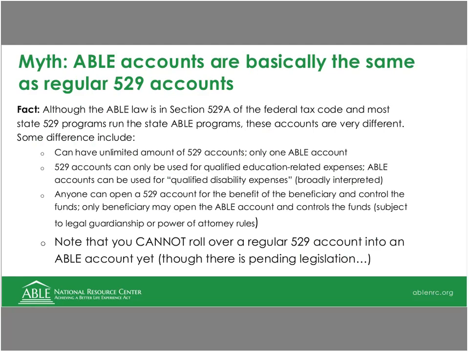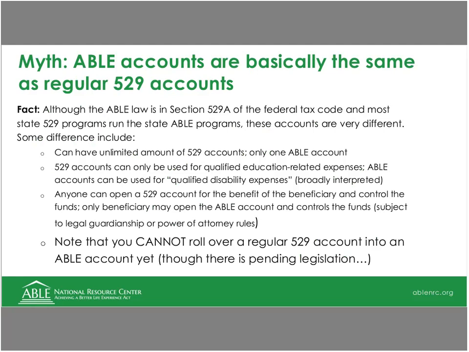ABLE accounts are 529A accounts, and the college savings accounts are under Internal Revenue Code section 529. While there is some overlap between the accounts, for instance, both accounts can be used for educational purposes, there are marked differences.